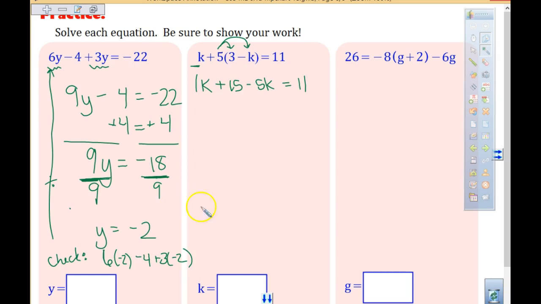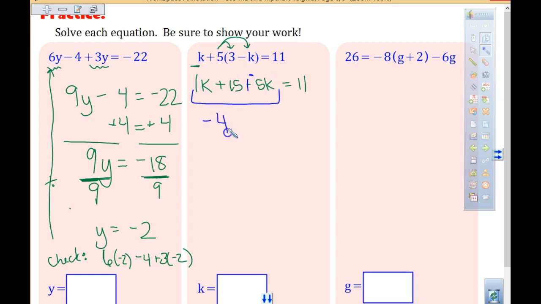I am now going to change where this minus is to plus a negative. Here's the most common mistake I'll have people do. They'll add 5K to both sides. Are these on opposite sides of the equal sign? They're all on the one side. It's just like my algebra tiles all on that one side. So I have 1K plus negative 5K.